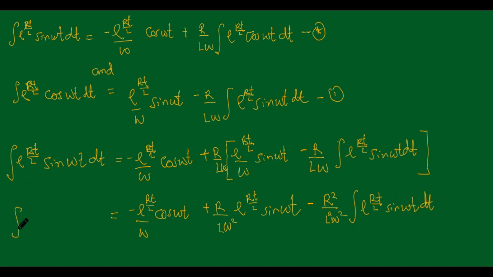So this is the same thing as the integral of e raised to the power Rt over L sine omega t dt. So we can see that this and this are common, so we can collect like terms.